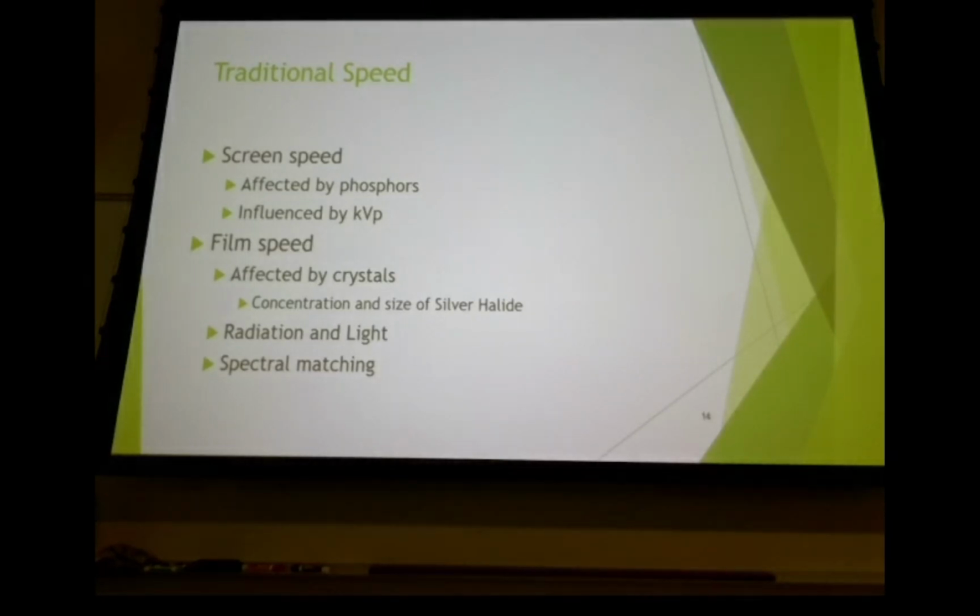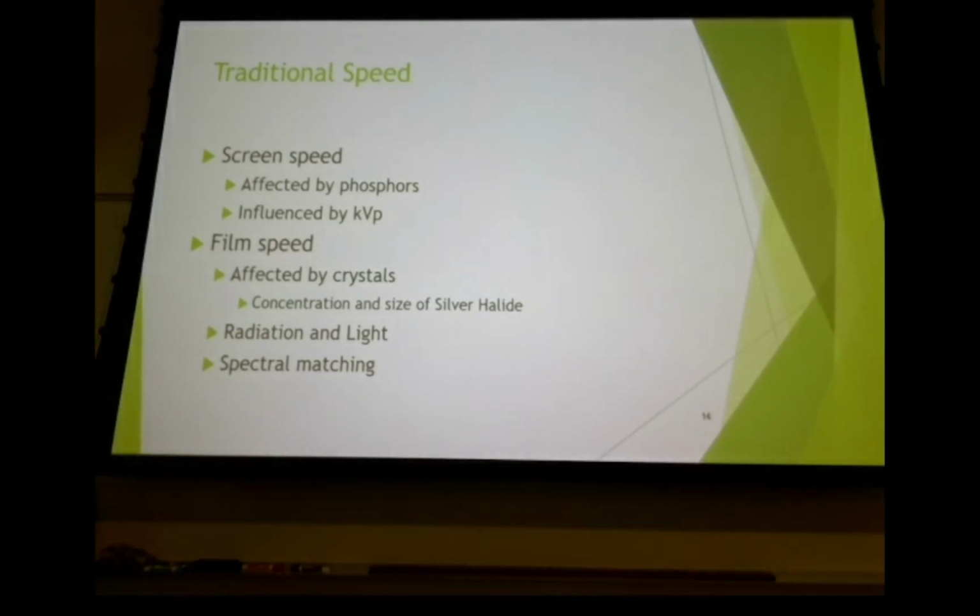So it's affected by the phosphors, but it's also influenced by KVP. If you increase KVP or you increase mass, what you get then is an increase in the glow of the screens. So the more those screens glow, the more density you put on the image. Okay, so that's screen speed.